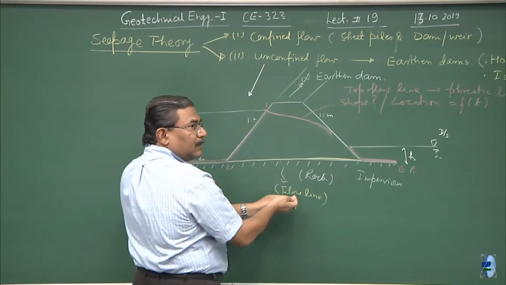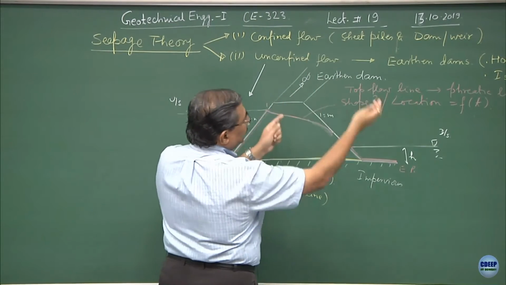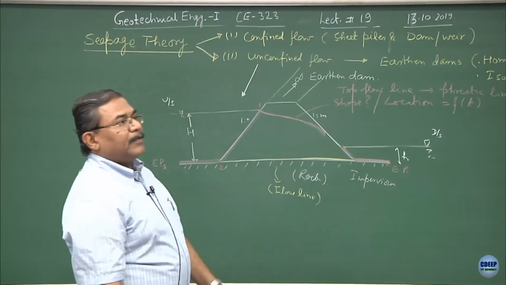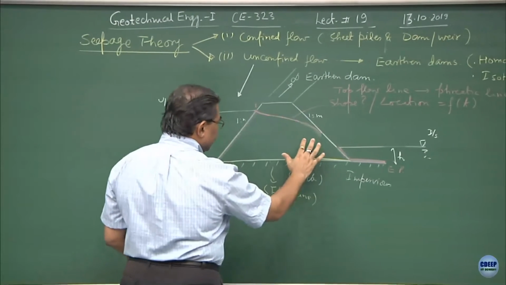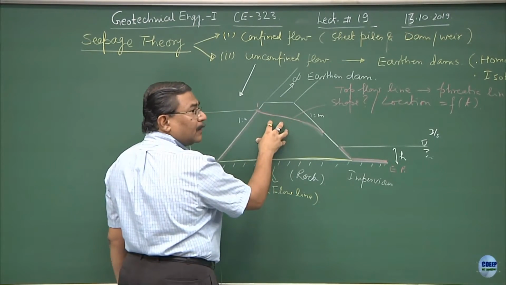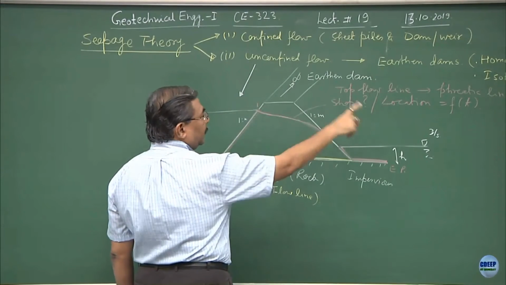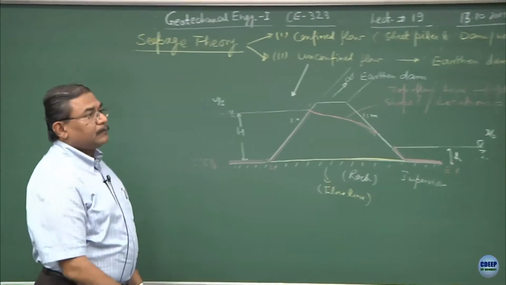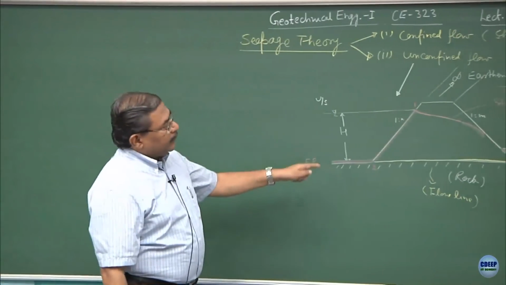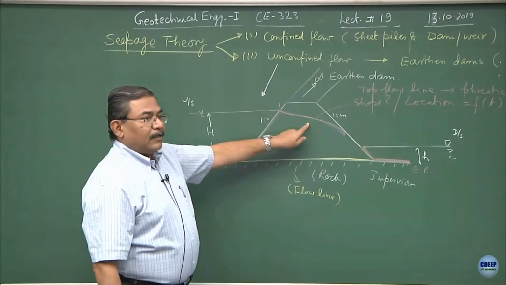This line will drop down or go up, and that is the reason we call this unconfined, because the porous media through which the discharge is going to take place happens to be the earthen dam. The top flow line is not fixed and it is a function of so many parameters. A bit of variation in H is going to change its location.